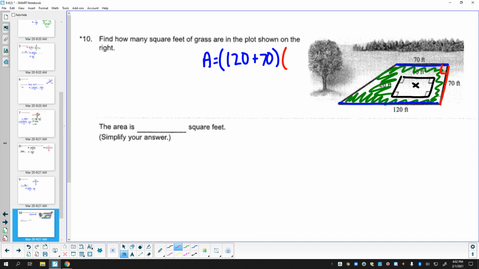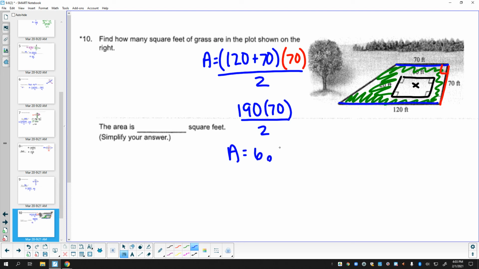So that means that I can use that for the height. And then I'm going to be taking half of that, or dividing it by 2. So I'm going to be taking 190 times 70, and I need to do half of that. That's going to give me a total area for my trapezoid of 6,650. That represents the entire trapezoid.